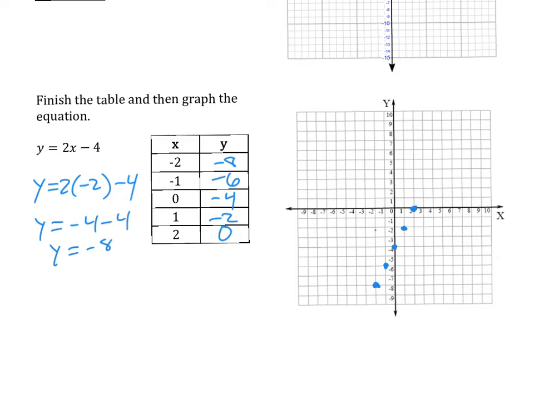Okay, right like that. And again, we can see that it's going to be a line, so we can draw a line there. Now you could have chosen other values for x if you had wanted to, okay? But generally, these are pretty much the values we choose. We want to have about 5, and -2, -1, 0, 1, and 2 are good values to choose because they give us a pretty good balance of points, okay?